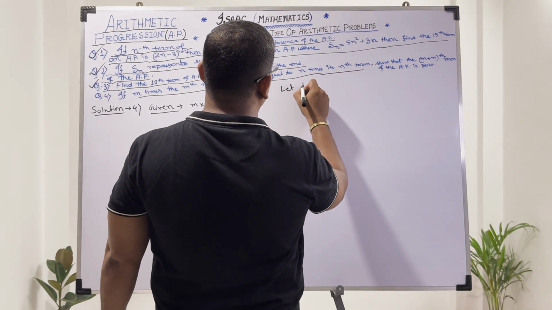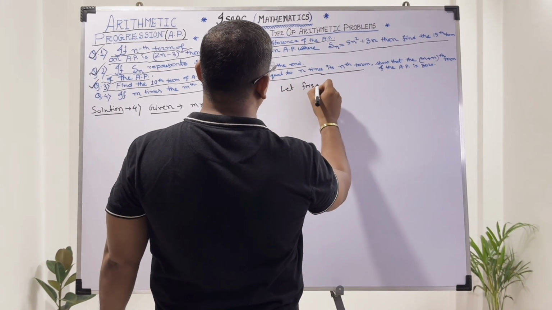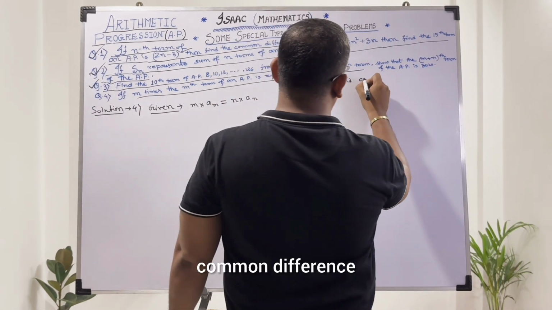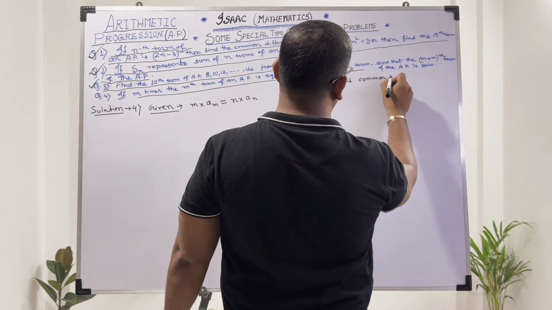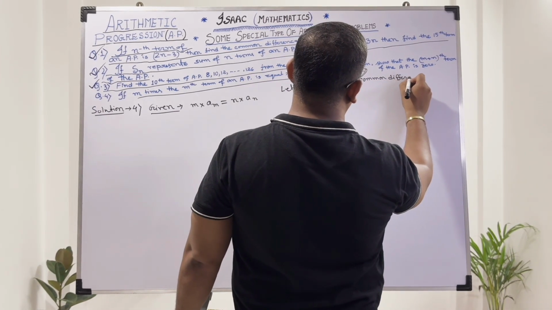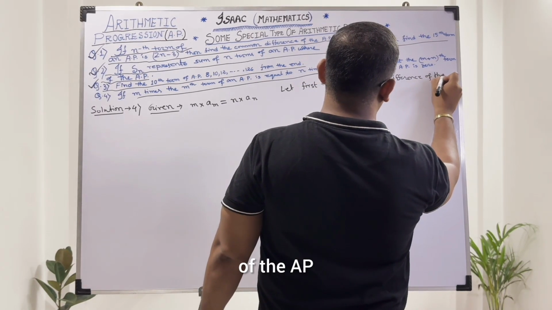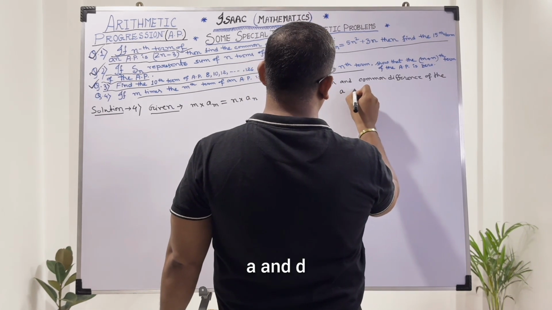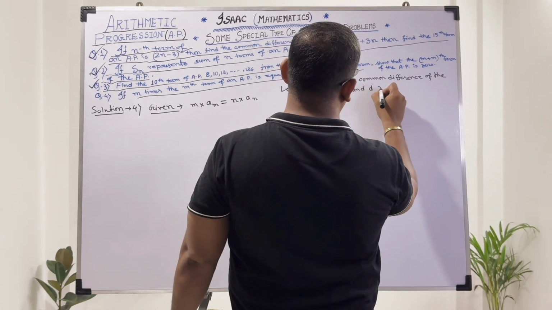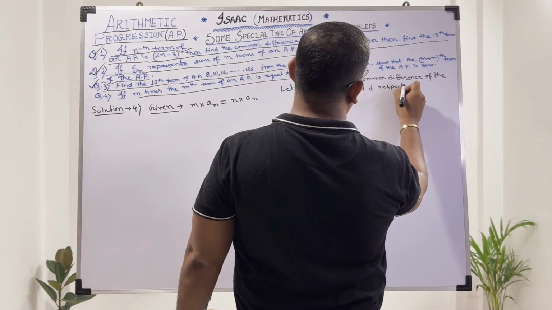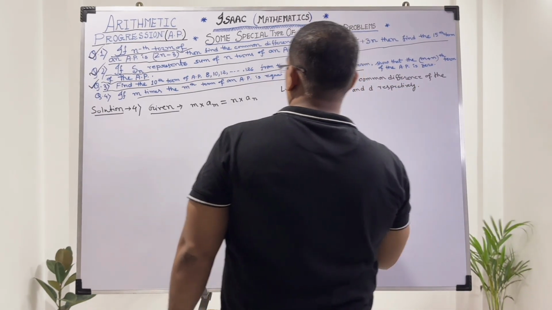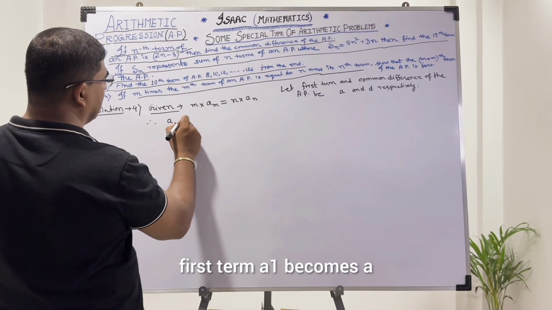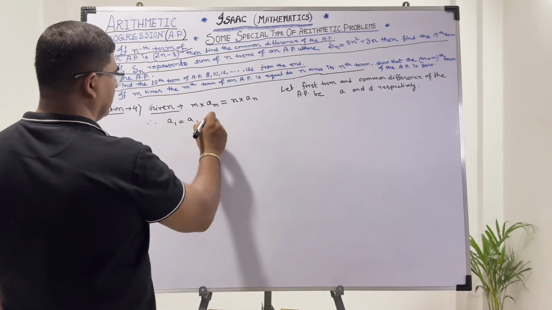Let first term and common difference of the AP be A and D respectively. So first term A1 becomes A and common difference is D.